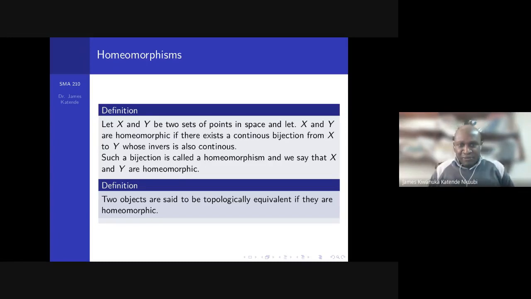Exactly the example we have shown above in the previous slide. If such a bijection exists, then we call it a homeomorphism, and we say that the two sets are homeomorphic. And when this happens, we can say that they are topologically equivalent.